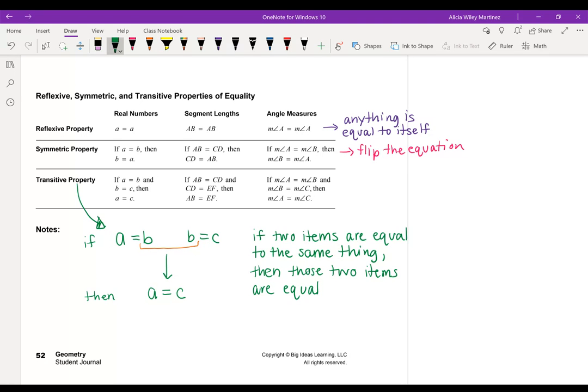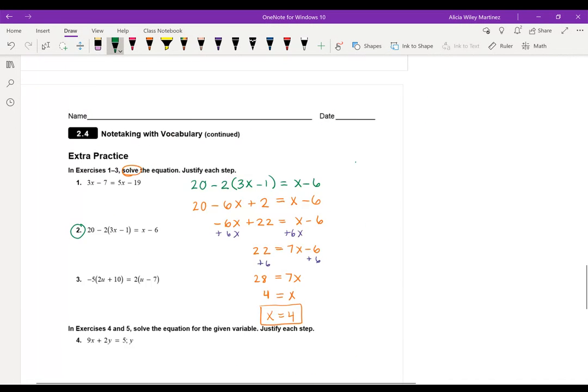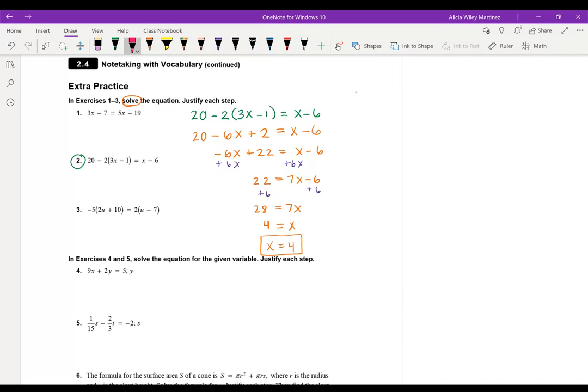So that's what the transitive property is saying. And this one's kind of hard to recognize. So if you're not seeing anything else that's working, think about, could it be the transitive property? Again, it's this idea that two things are equal to the same thing, so therefore they're equal to each other. All right. So let's go back to that example that we did.